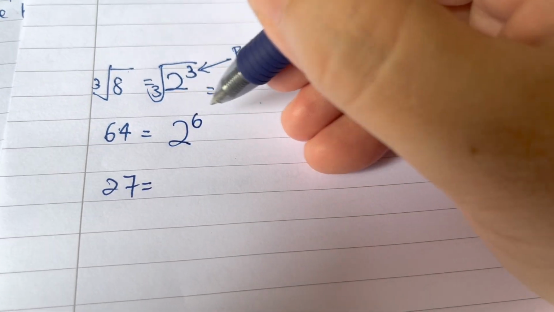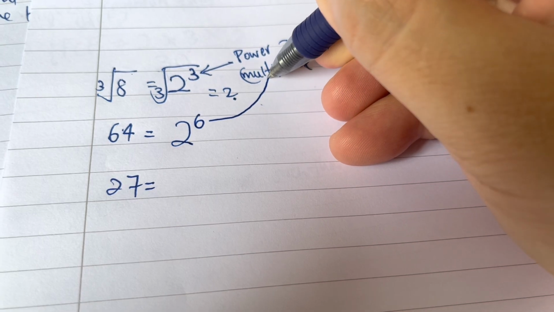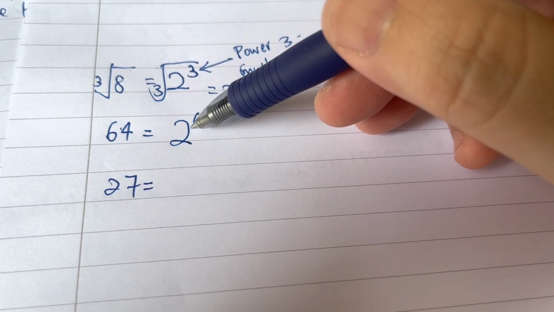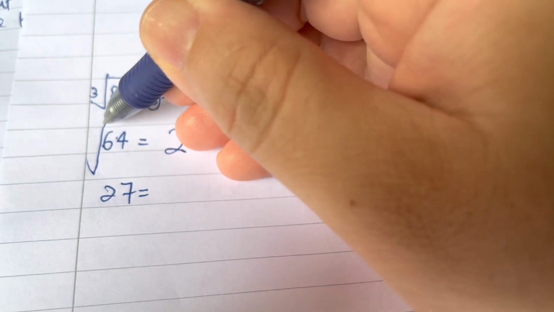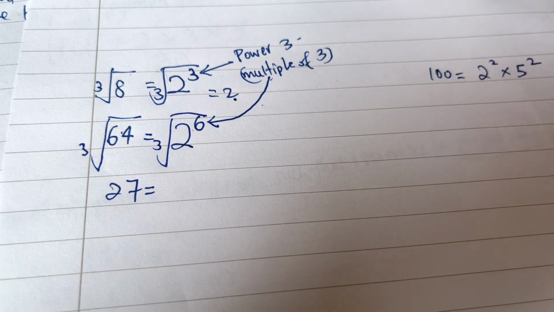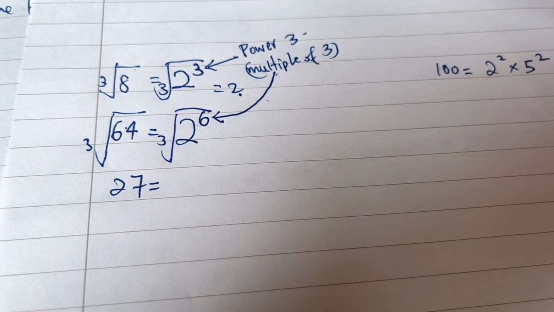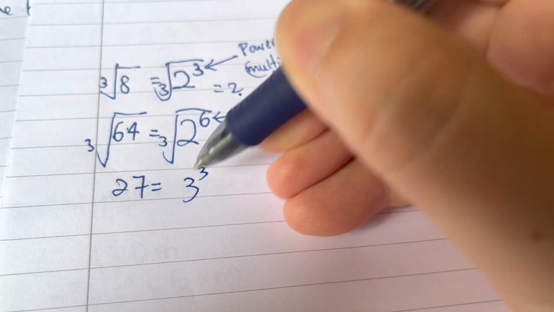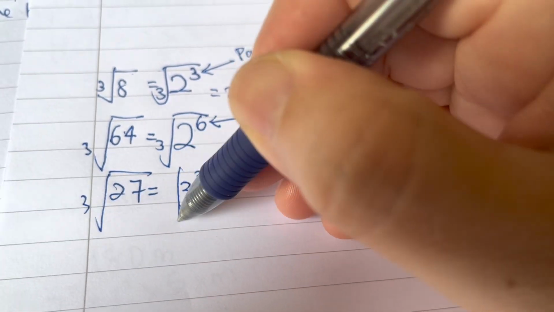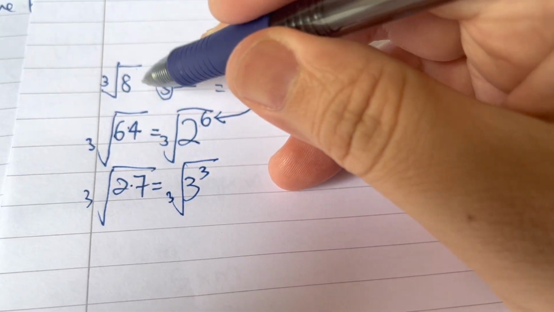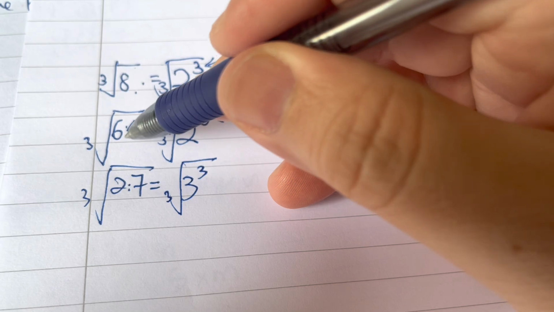Do you notice that this power is again a multiple of 3? So when I cube root this, I'll get 4. You can try with your calculator. Same thing here, I get 3 cubed, so when I cube root this, I'll get 3. So these are all perfect cubes.